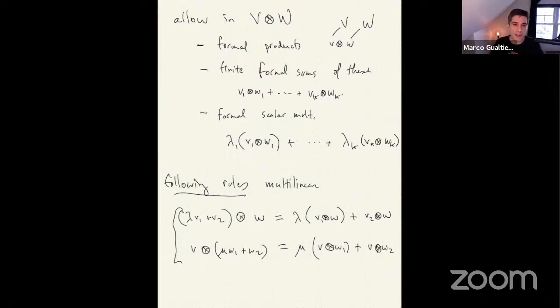And you can't avoid this even if you do it the categorical way, because at the end you always need to show that the object which satisfies the universal property actually exists, and so you need to give a construction for it.